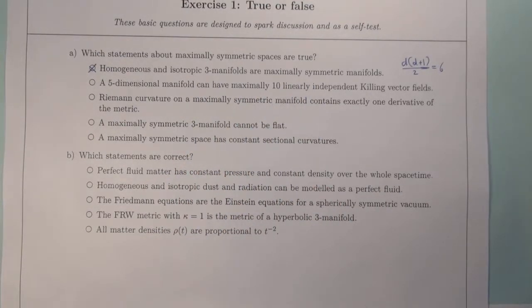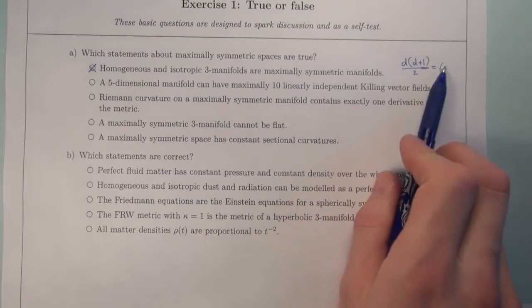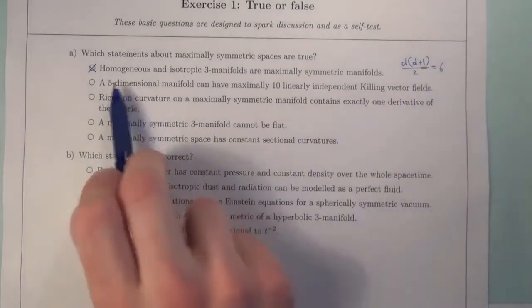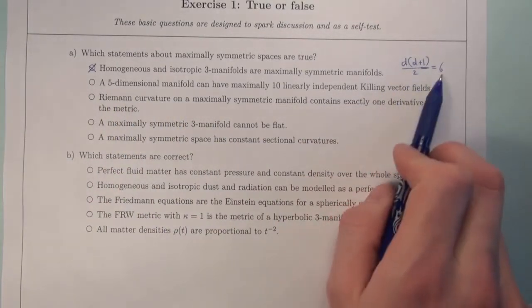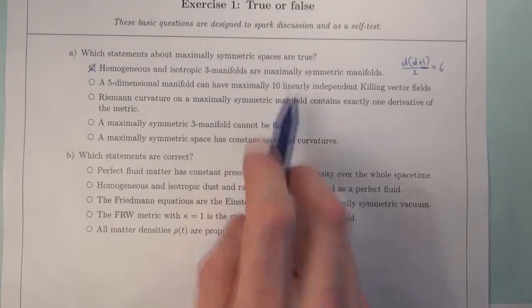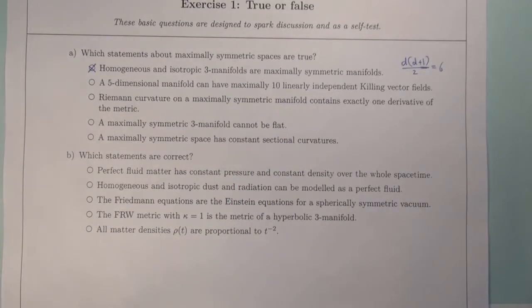A 5-dimensional manifold can have maximally 10 linearly independent Killing vector fields. By the same formula this is incorrect, because 5 times 6 is 30, over 2 is 15, not 10. Riemann curvature on a maximally symmetric manifold contains exactly one derivative of the metric. No, it doesn't. We saw that it contains no derivative of the metric.